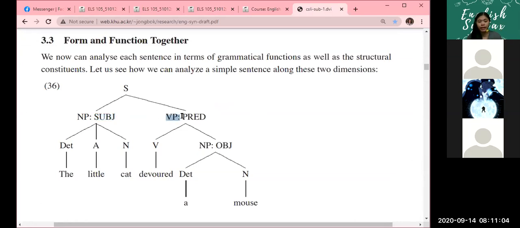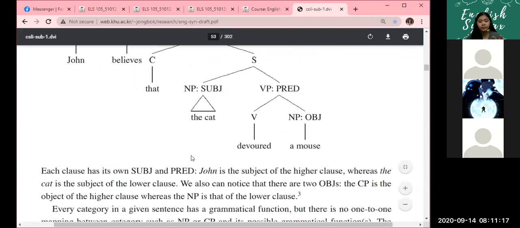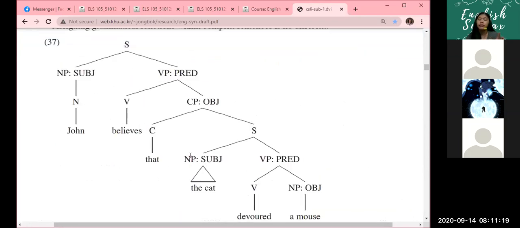Same with VP. What is a VP? It's basically the verb phrase. It always starts with a predicate or the verb of the sentence. So we're just going to write here predicate. Okay? A much more complex tree structure.